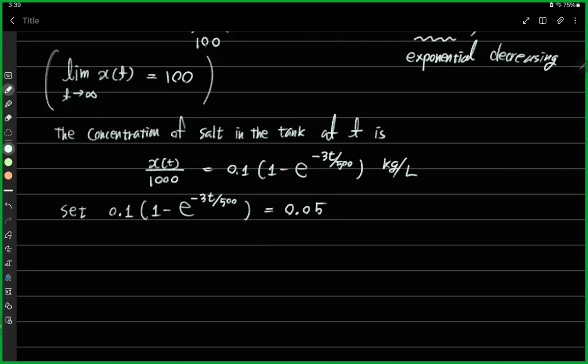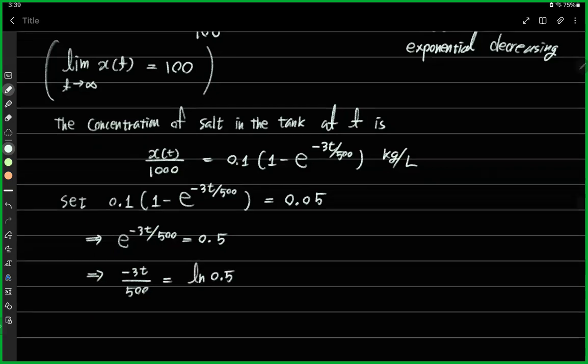Yeah, let's do that. So we get e to the negative 3t over 500 is equal to 0.5, right? Because we divide by 0.1, then subtract 1 and change the sign. Now, taking a natural log on both sides, we get natural log of 0.5 on the right hand side.